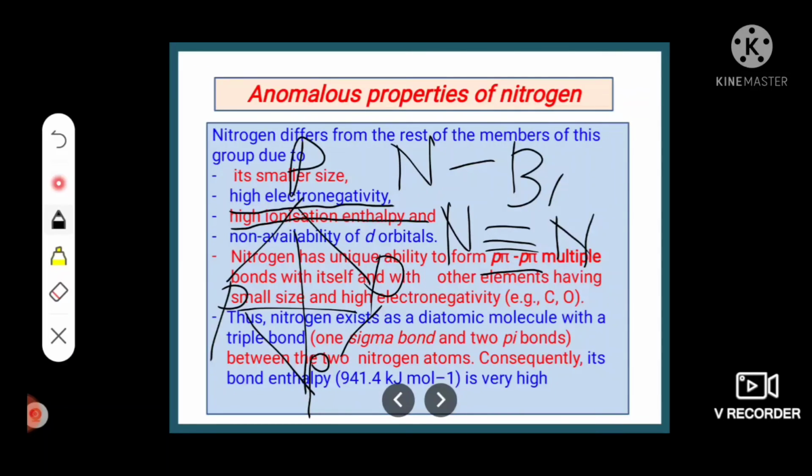Nitrogen exists as a diatomic molecule with a triple bond, one sigma bond and two pi bonds between the two nitrogen atoms. Therefore, its bond enthalpy is very high. Due to the presence of the triple bond, which has high bond dissociation energy, the N2 molecule is less reactive. Phosphorus is more reactive than nitrogen.